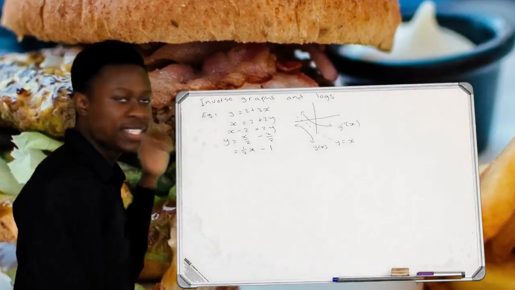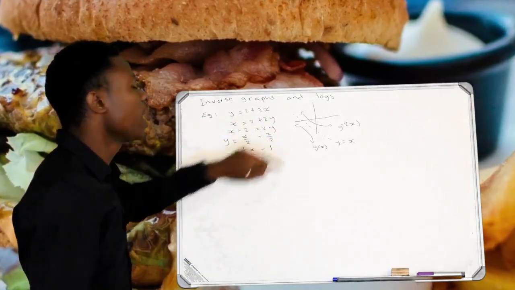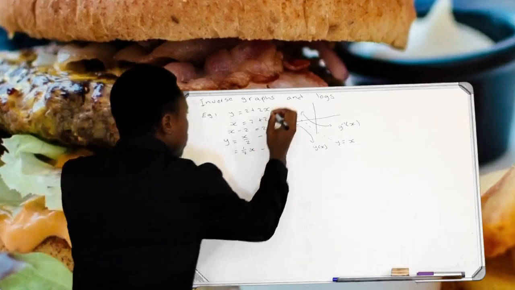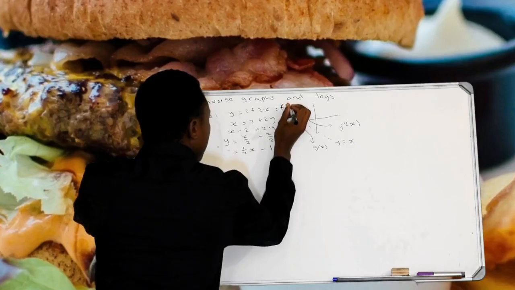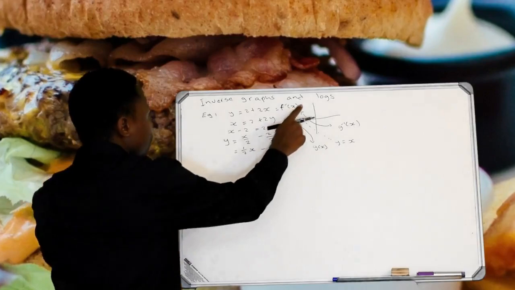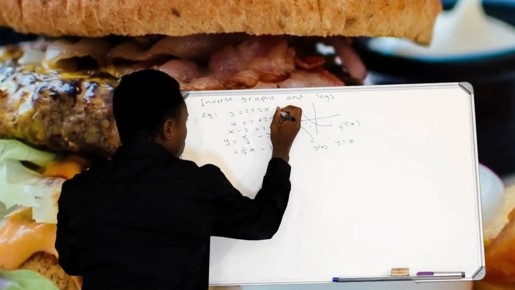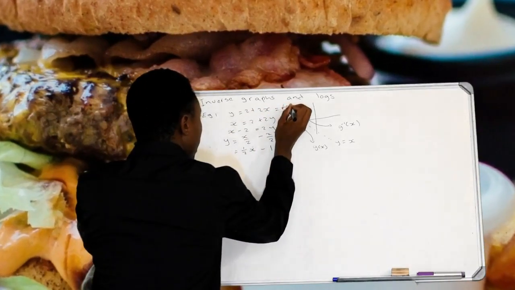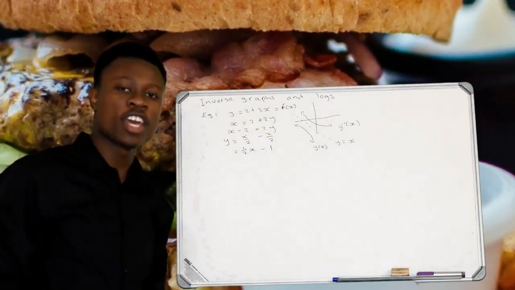But let's take note of something. y is equal to 2 plus 2x can also be written as f of x, because this is a function of x.